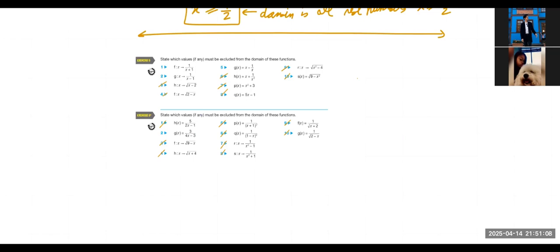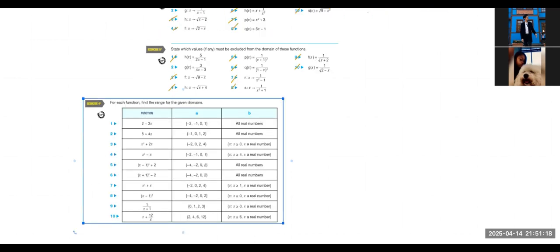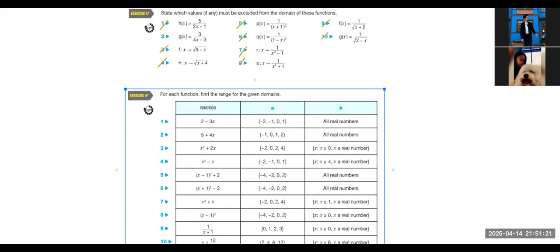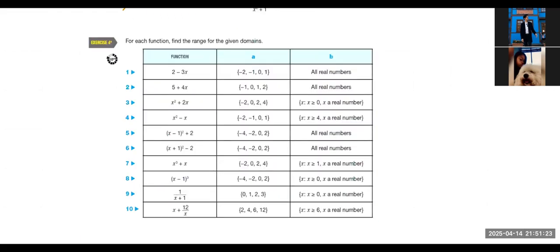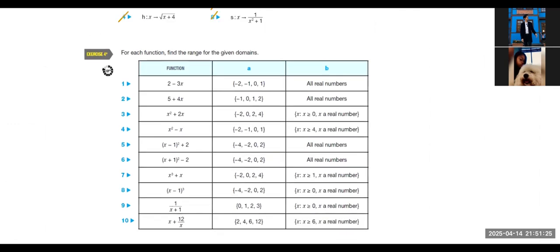About domain and range, this is a good one. So in this question, this is a function. This is its domain.